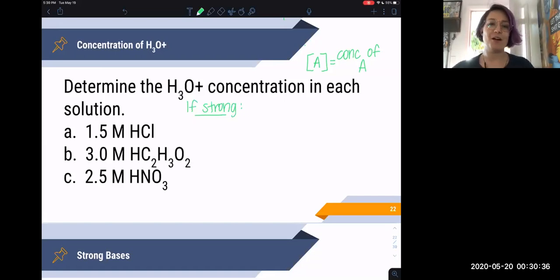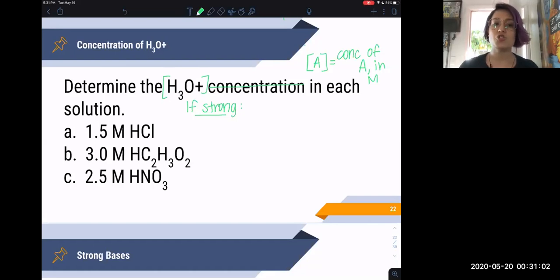So brackets around A would be the concentration of A, typically in molarity. So for determine the H3O+ concentration, I can get rid of this whole word and just write determine the H3O+ in brackets. That's the same thing as determining the concentration.